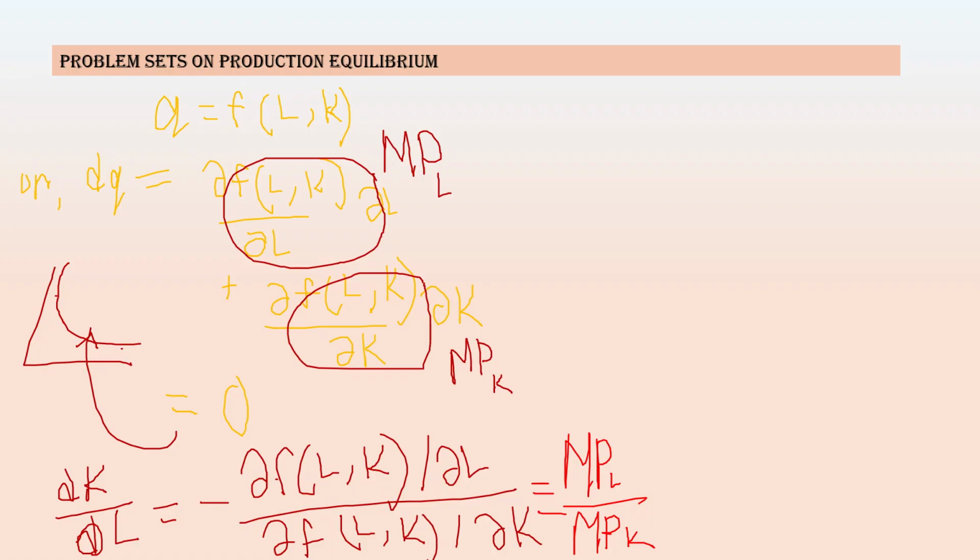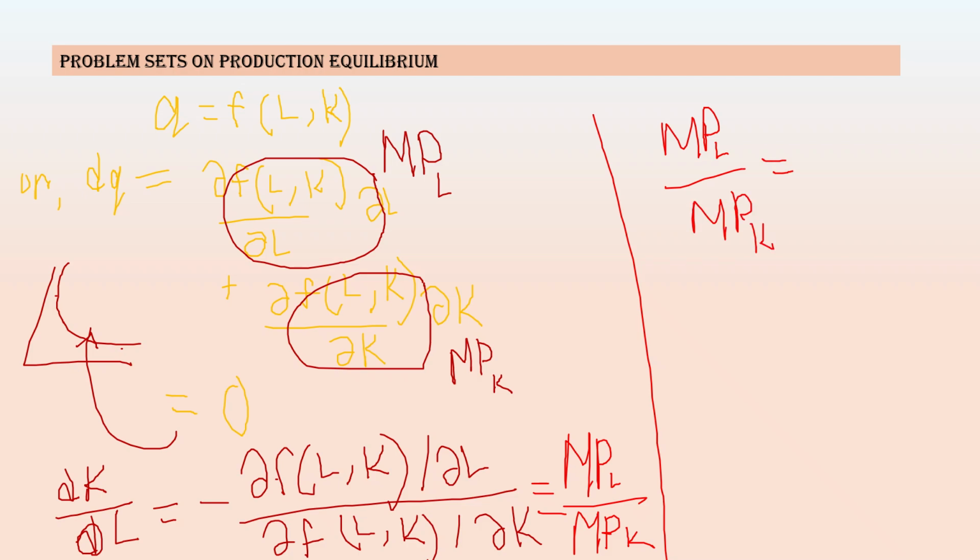So if you remember what I said at the starting of the video, we'll be creating these two equations. So that means we'll be getting MPL divided by MPK equal to negative W by R, and these two negatives cancel out.